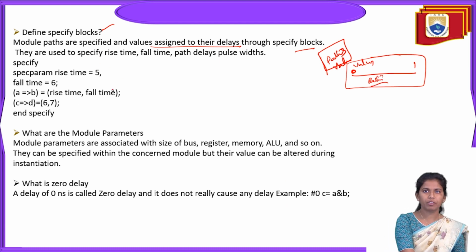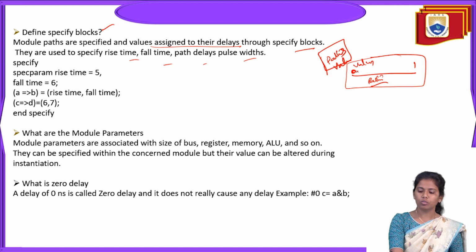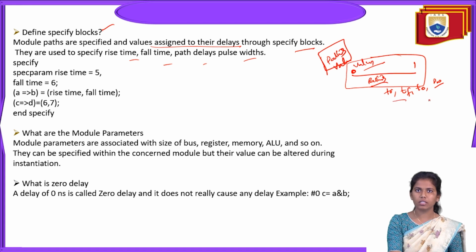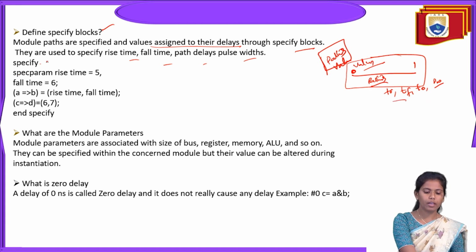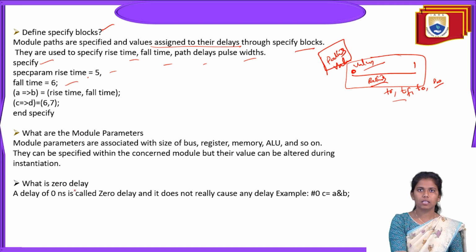They are used to specify rise time, fall time, turn-off time, and pulse width. Specify is a keyword where we specify the time delays or the width of the signal. So we use a keyword called specify. Specparam rise time is 5 and the fall time is 6. So now A is greater than B, that is rise time and fall time.